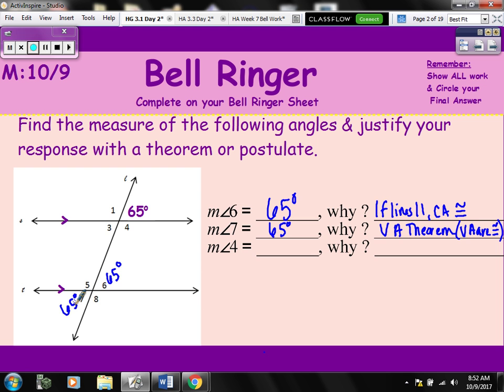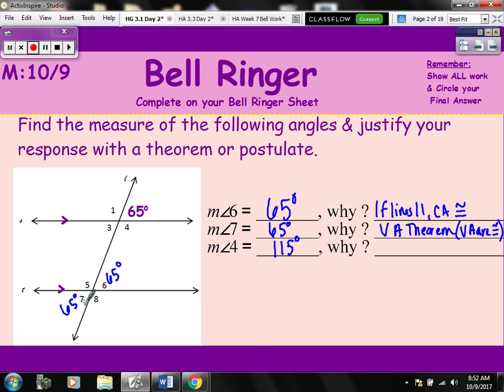Marquise. 115 is correct. Do you know why? Alternate interior angle? With which angle would be alternate interior? With angle 5. Yeah, so if you found 5 first, even though they didn't ask you, you could use alternate interior angles.